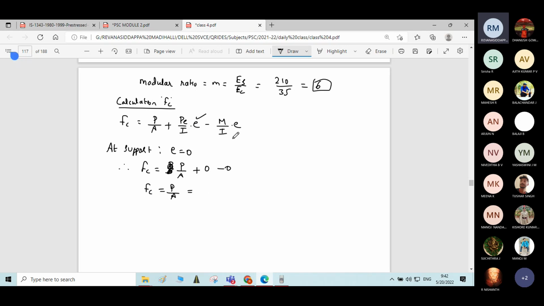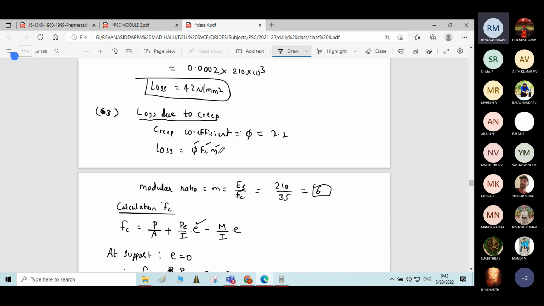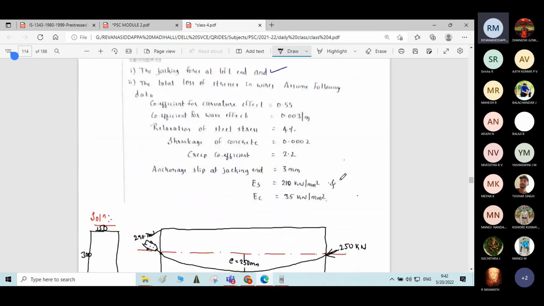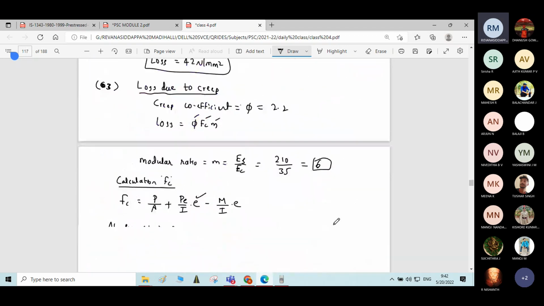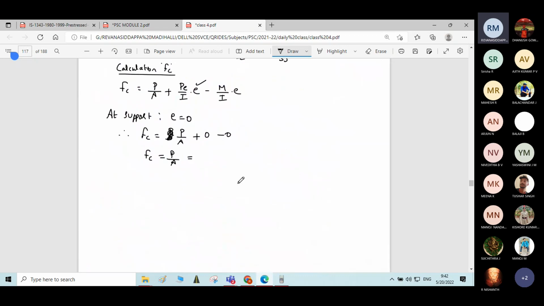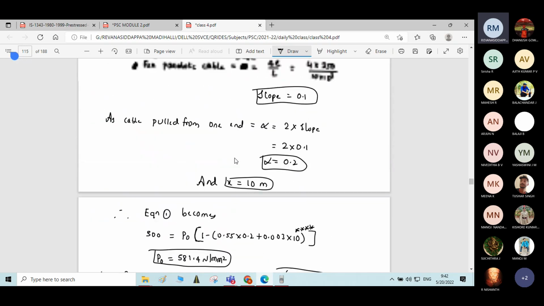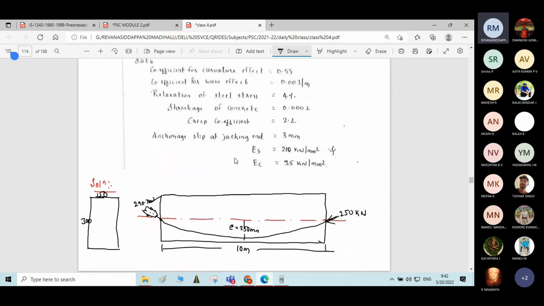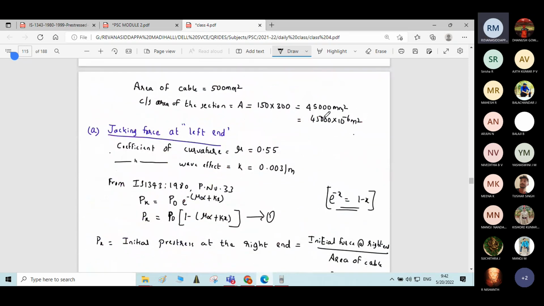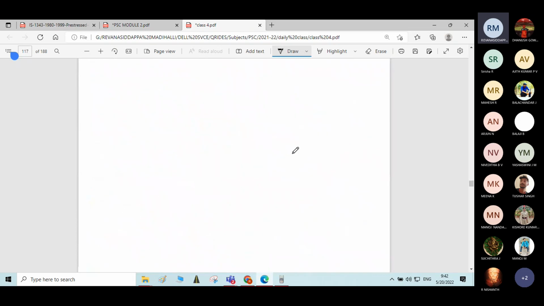P is known. P is how much? Pre-stressing force in the cable is 250 kilonewton. Therefore P is 250 into 10 power 3 divided by area of cross section, which is 45,000 mm square.